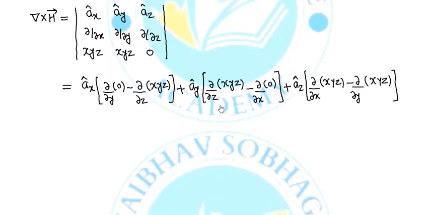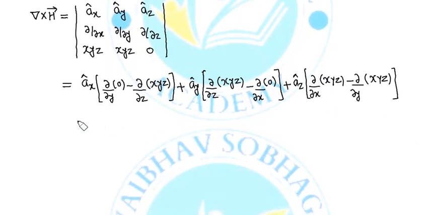Now simplify that determinant. After simplification, you will find this ax cap as it is. Differentiation of 0 with respect to y will be 0. Differentiation of xyz with respect to z will be xy, so that will be minus xy.